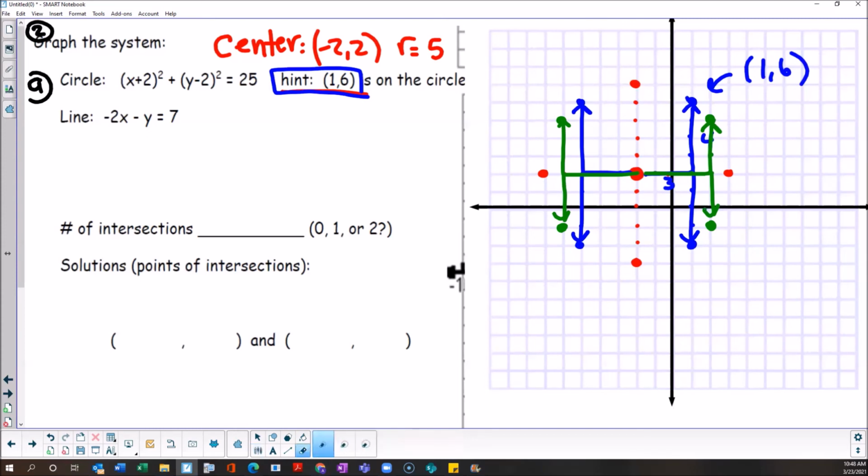I'm going to go erase my little arrows here, leave my dots, but I'll clean it up here a little bit. Right, and then I'll make my circle.